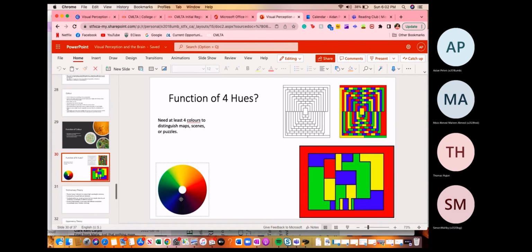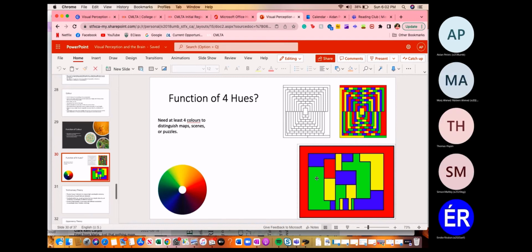And Purves suggests that possibly we have these four distinct hues because it's the only way to distinguish maps of a certain level of complexity. For example, in this map here, if I asked you to color each tile differently, and then I could remove the borders and you could understand each of these as separate percepts, you would need four colors to do so, and then moreover to complete the rest of the puzzle.